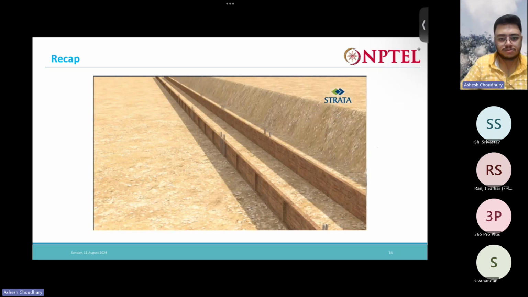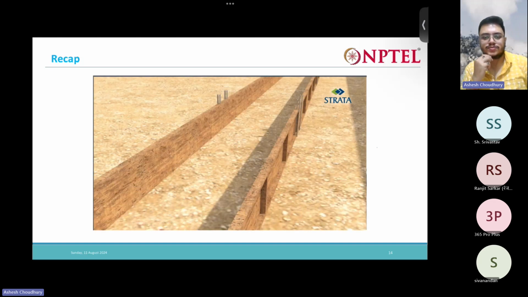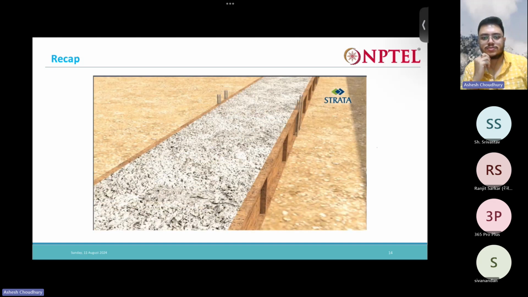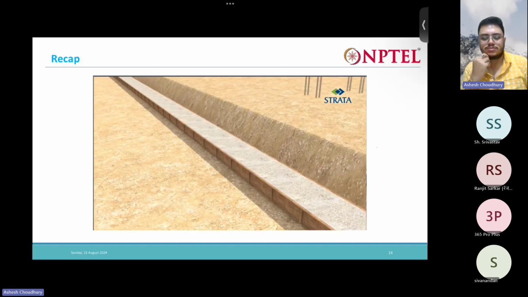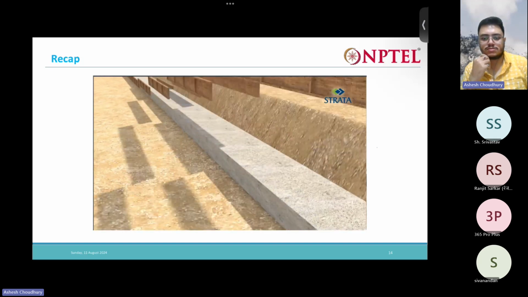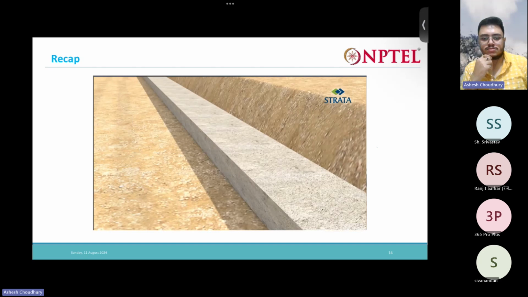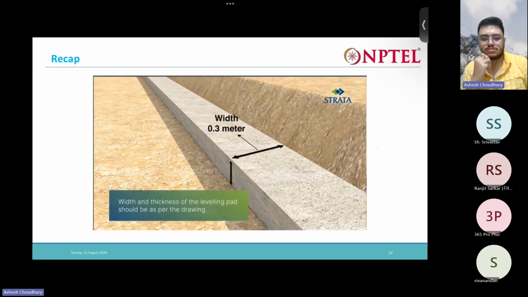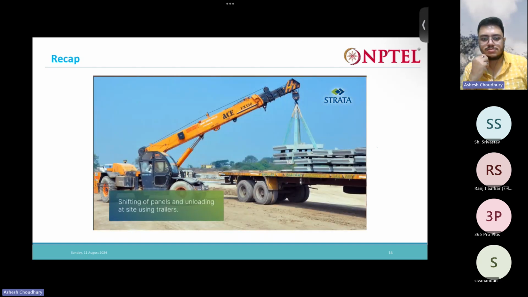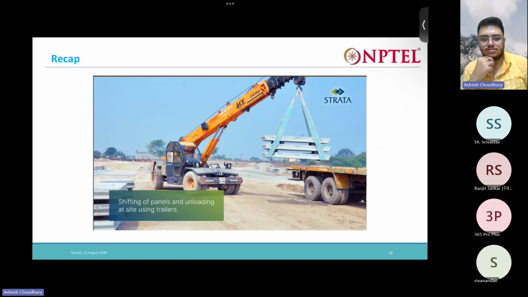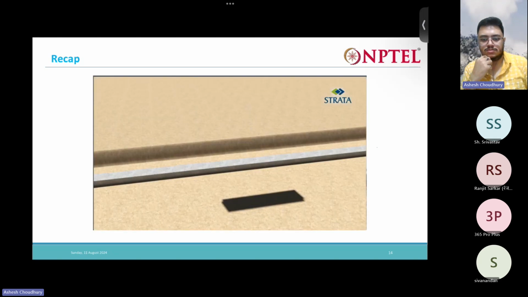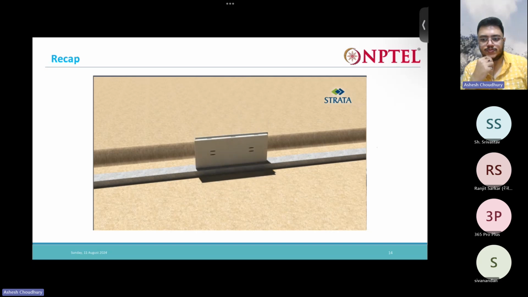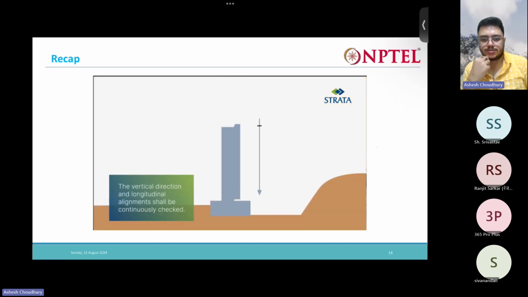The formwork for the leveling pad shall be fixed and concrete shall be placed within the formwork. Vertical direction and longitudinal alignments shall be continuously checked.